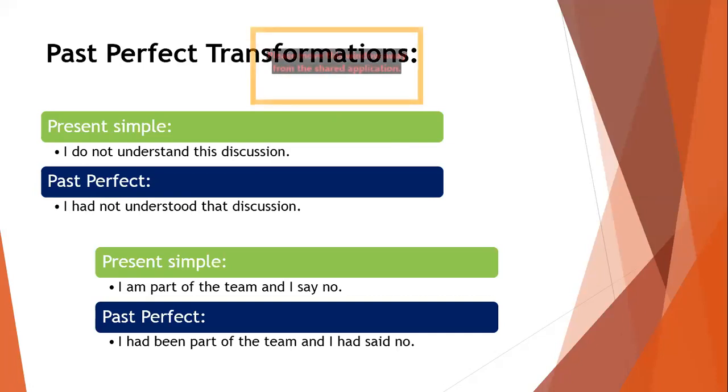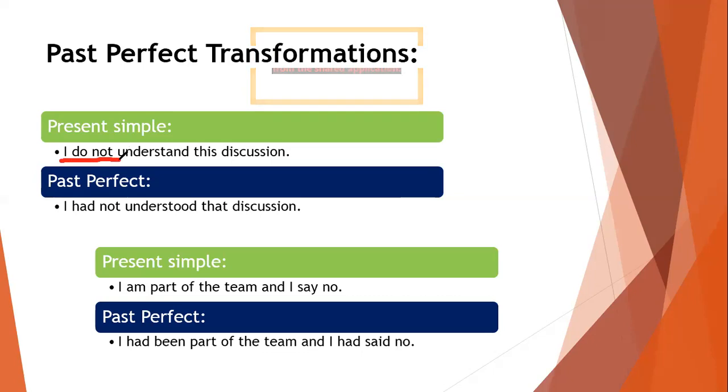We are going to have a sentence in present simple, and we are going to transform it into past perfect. I want you to get this idea. Give me a moment, I am going to use red. I do not understand this discussion.